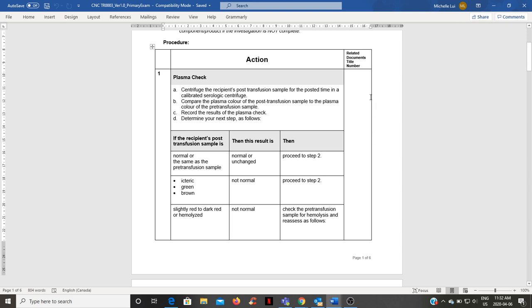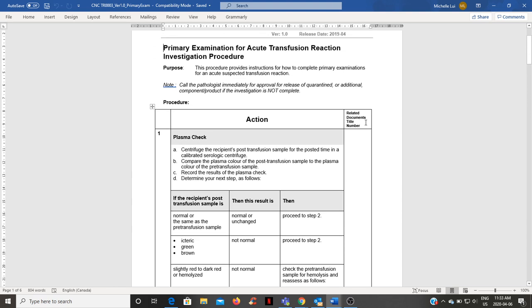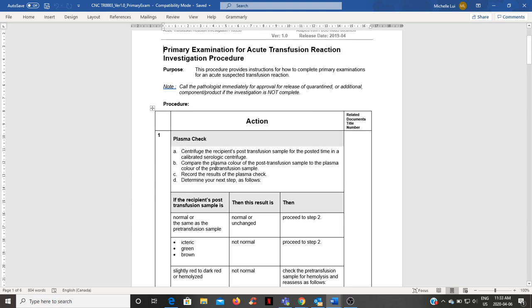If you get a call from the ward that says, please issue, you can just let them know I have to get approval, and then you'd call them and see what they want to do. So what's included in this primary examination? Number 1, a plasma check. So at this point you've received those post-transfusion samples. You're going to spin it down and check the color of the plasma, literally just looking at it.